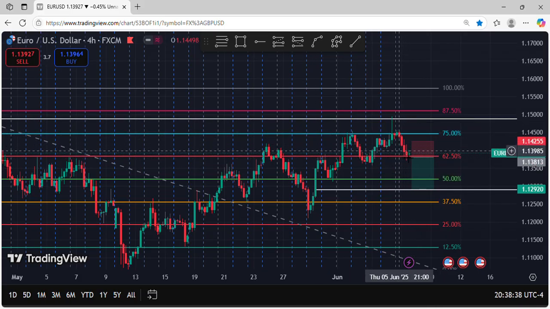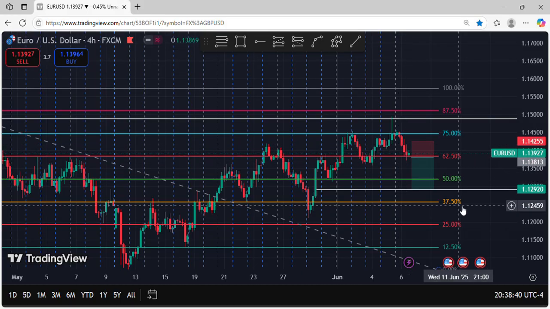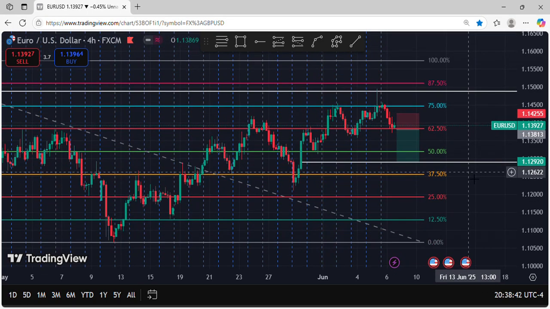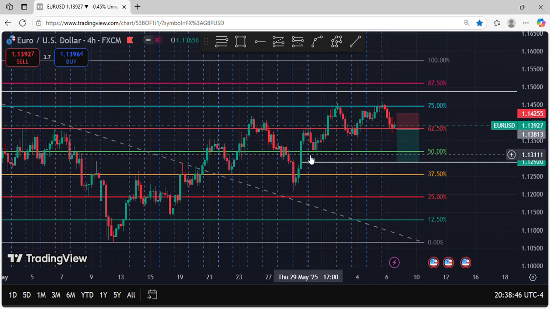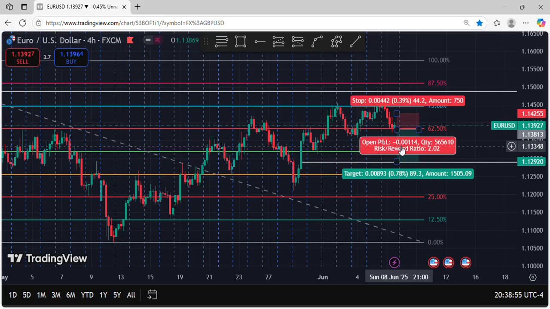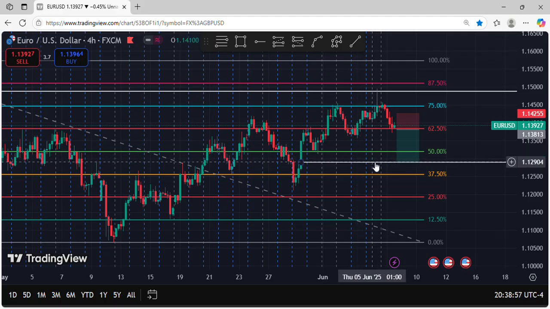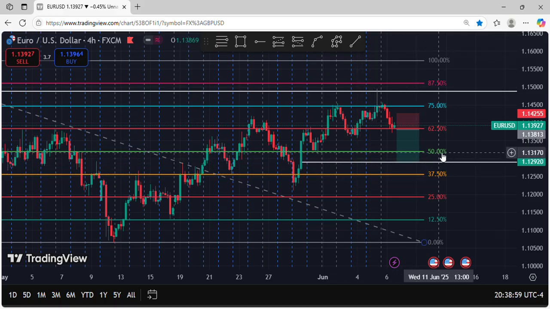Now to refine our entry in here, because with the way price is moving, it gives us an idea that we might be targeting lower prices. I see this in here, this low inside the 50% gap, and I'm thinking that we might want to run lower, take these stops before we see any form of upward movement.